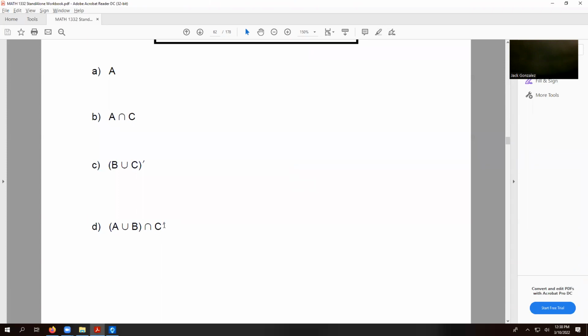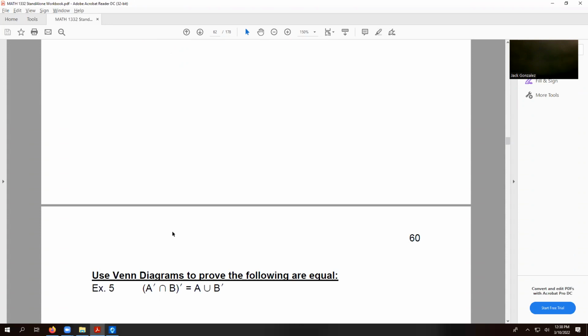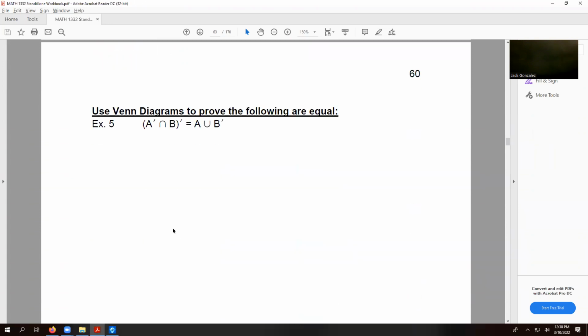Just do a first part and then the next part. That's example 4.